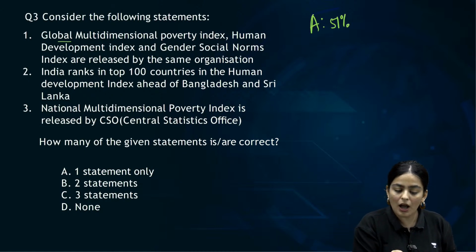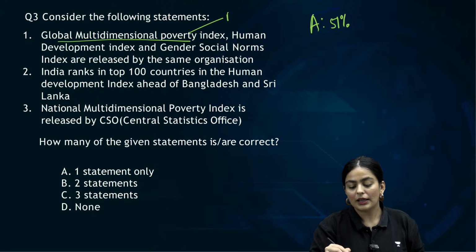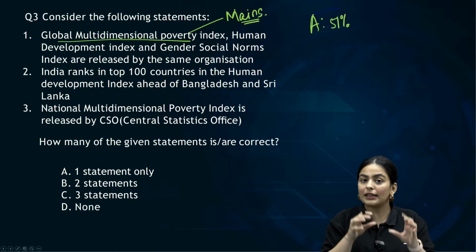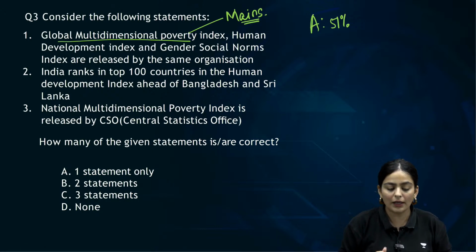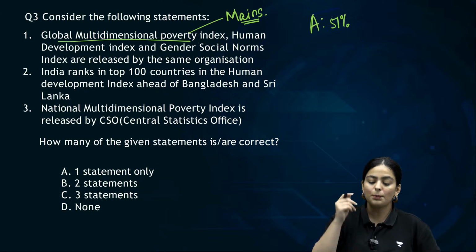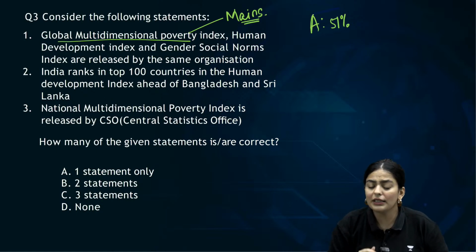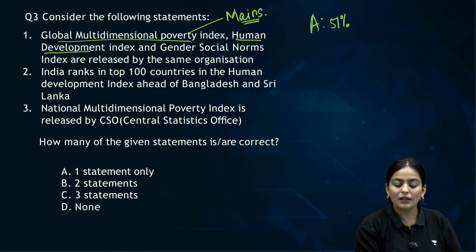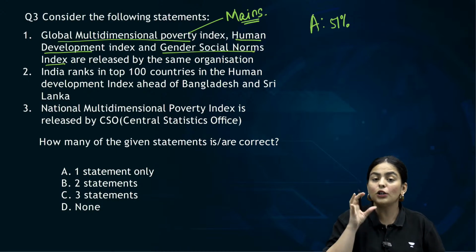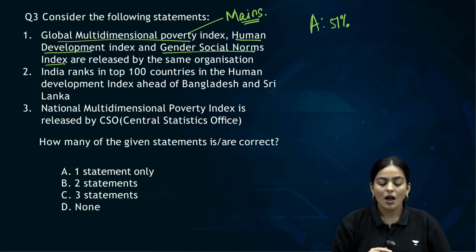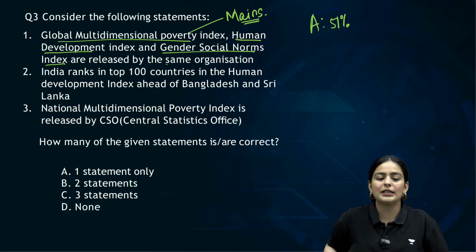This has also been asked in UPSC mains. That is what gives us an insight that it is on UPSC's radar. It can be important. Okay, so Global Multidimensional Poverty Index, Human Development Index, and Gender Social Norms Index. Three of these are very important. Are they released by the same organization?